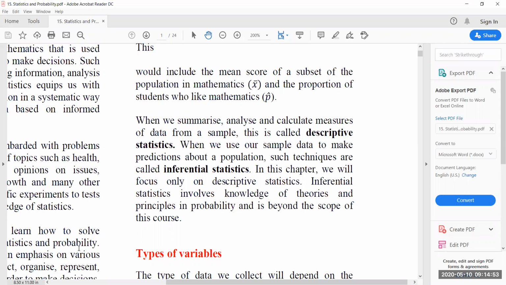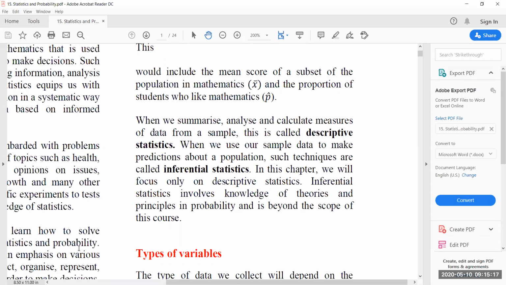Descriptive statistics is when you summarize, analyze and calculate measures of data from the information you receive from the sample. And when you use your sample data, that is the data that you collect from the population, to predict certain patterns about the population, that will be referred to as inferential statistics.